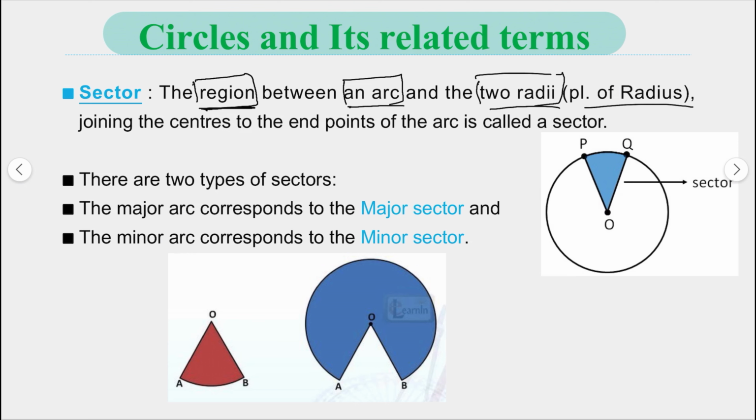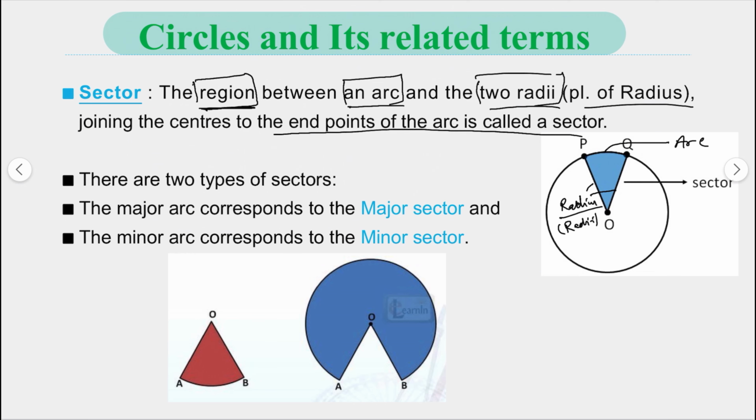So sector is simply the region between an arc and two radii joining the center to the end points, it is called the sector, okay. Simply see that we have 2 points P and Q. When we mark the 2 points, we'll get an arc here, okay, and we have joined these 2 points to the center, so we got two radii.